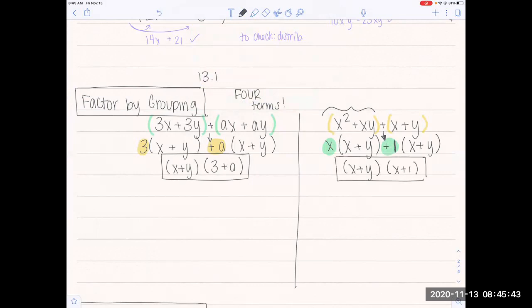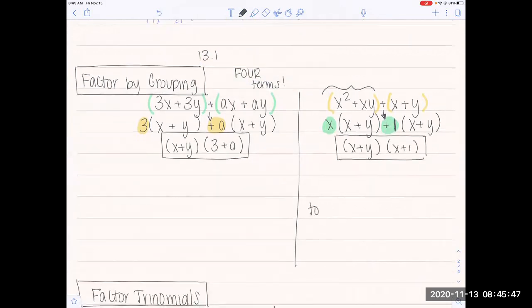It's worth mentioning for all of these, your check is to FOIL. And so we'll check this one. I've got x plus y times x plus 1. Well, I want to make sure that when I FOIL it, I get back to the original question.